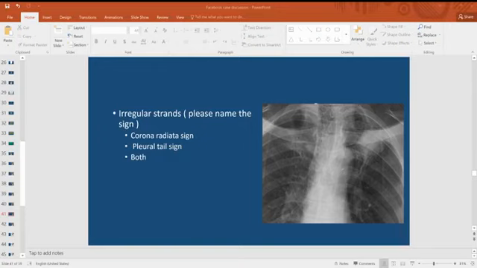So the answer is both. We have the corona radiata sign and the pleural tail sign, as we see here in the peripheral image. This is the corona radiata sign, this is irregular, and we have some strands going to the left apex. So we have the two signs here.